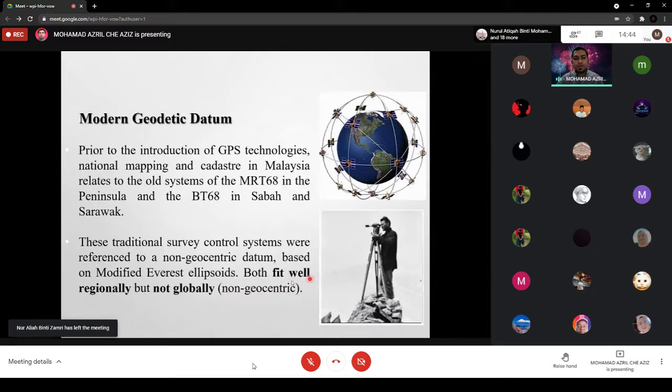Both fit well regionally but not globally. It means that when you use MRT 68, it is accurate only in a certain area, not covering the global area.